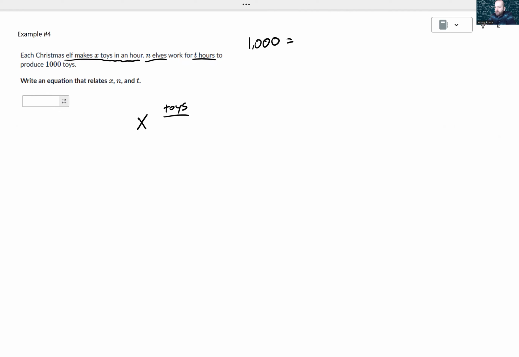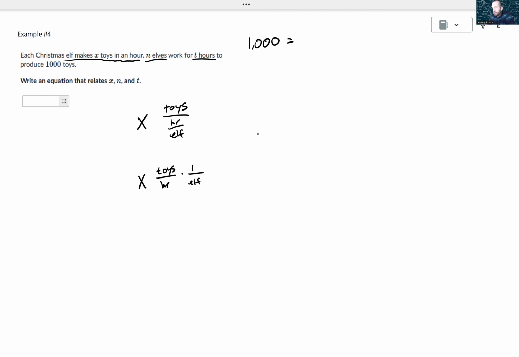If you just write X toys per hour, you might get stuck on this problem. It's X toys per hour per elf. And if we rewrite that, we have a complex fraction, that's X toys per hour. And then I'm just going to say times 1 over elf. That's the same thing there.